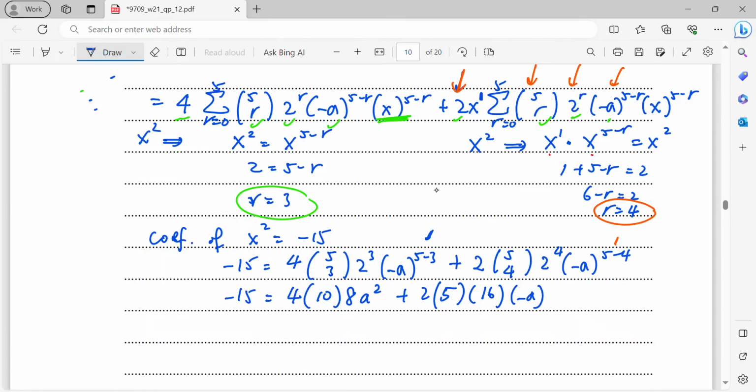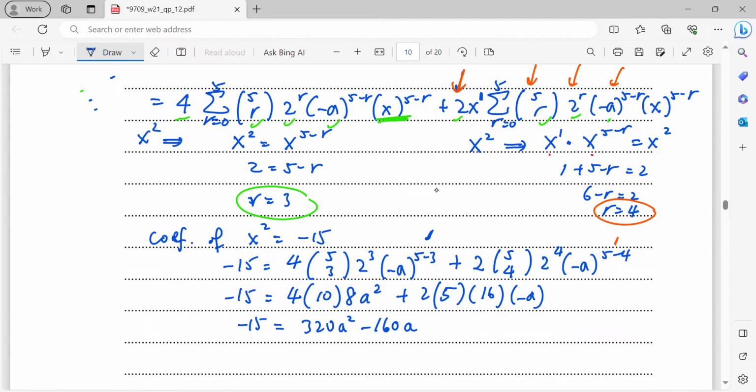So now for the right hand side, first term: 4 times 10 is 40, 40 times 8 is 320a squared. 2 times 5 is 10, times 16 will be 160, then times negative a, negative 160a, equals minus 15.